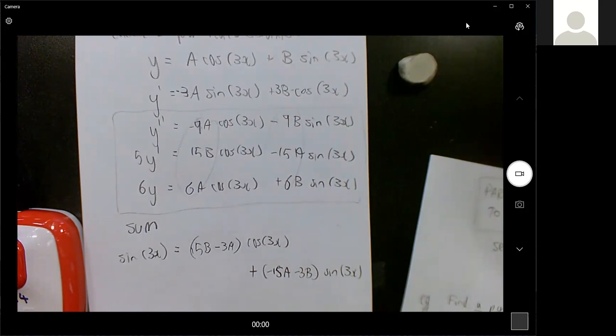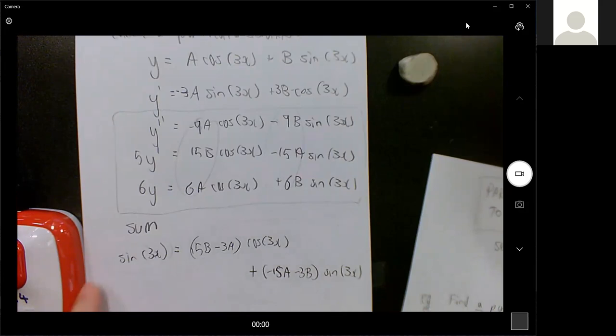The functions cos 3x and sine 3x are linearly independent. They are in fact a basis for this subspace. Any function that you can make out of cos x and sine x can only be made in one way. This function is made of sine x and cos x, and this function is made of sine x and cos x, so I can equate the coefficients of cos and sine. It's just a feature of how cos and sine behave.